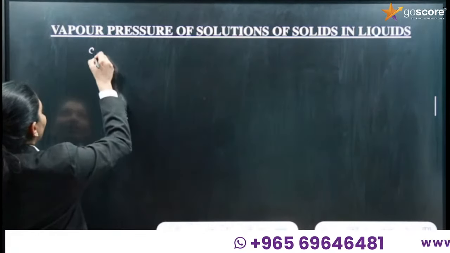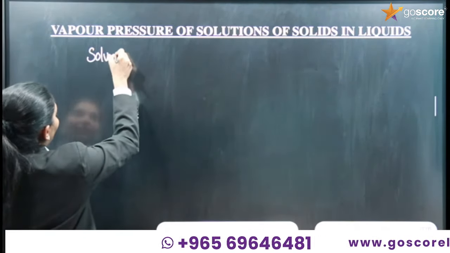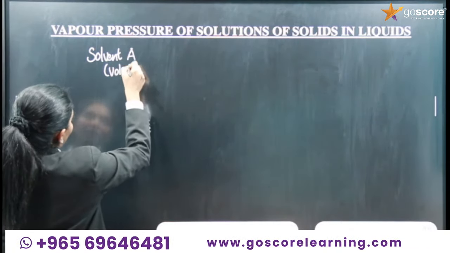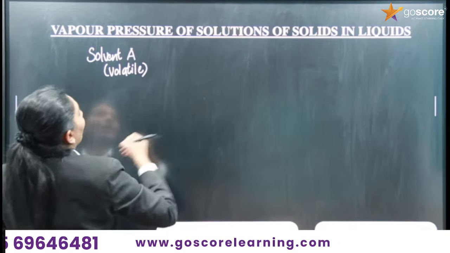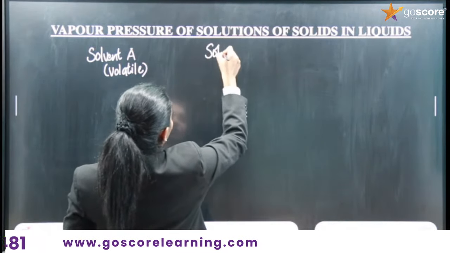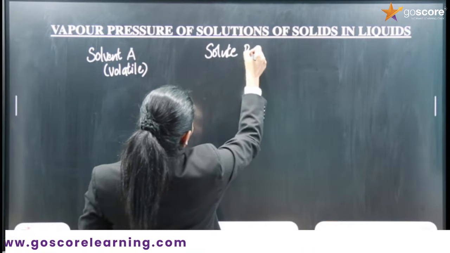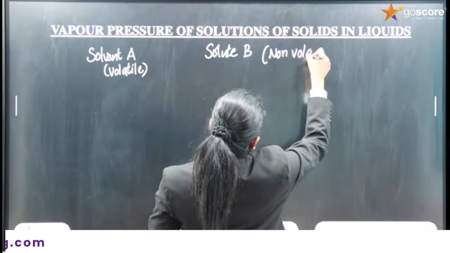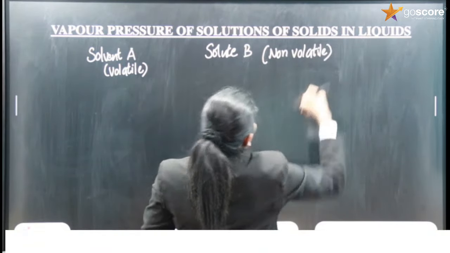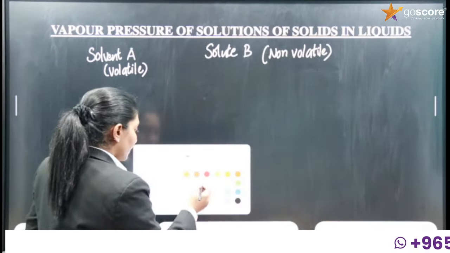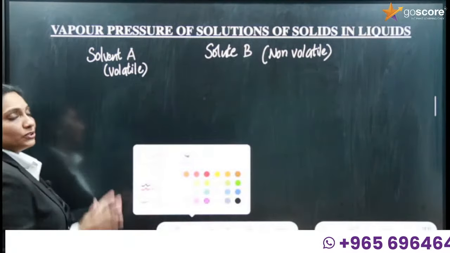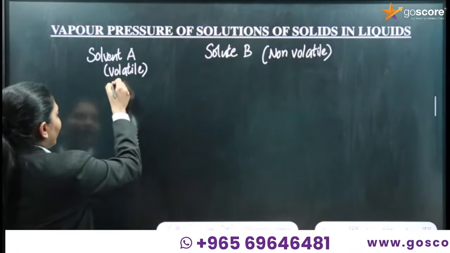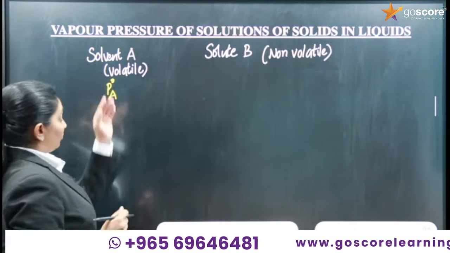See, here we are taking the solvent A, that is volatile in nature, and we are taking the solute B, which is non-volatile, right? Okay. Now, solvent A is volatile, right? So, what about the value of P naught A? Of course, it's volatile.